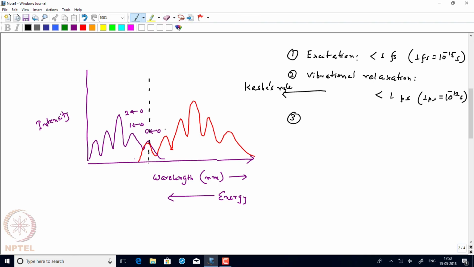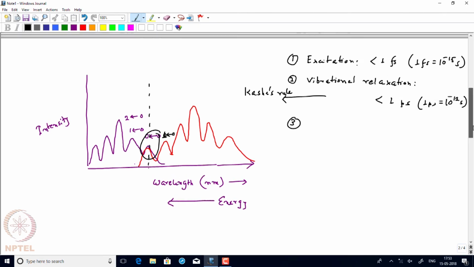Let me just write it like this. So these transitions both are 0, absorption and emission. So this transition will be 0 in the vibrational 1 in the vibrational state, say for example, and 0 in the excited electronic state. This is the emission spectrum or the fluorescence spectrum.